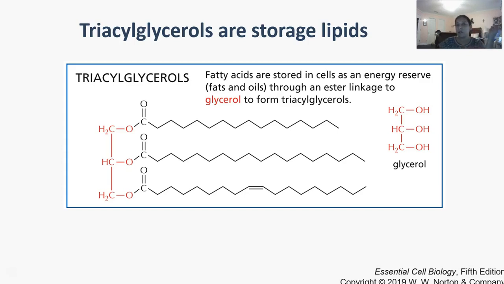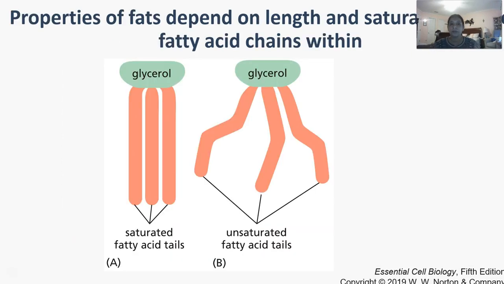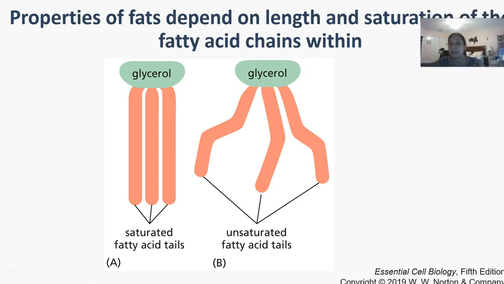These triacylglycerols are the main energy reserve inside the cells. The fatty acids are joined with their hydrocarbon chains to glycerol using an ester linkage to form a triacylglycerol. These are going to be different structurally depending upon the length as well as the saturation of the fatty acid that is being attached to that glycerol.